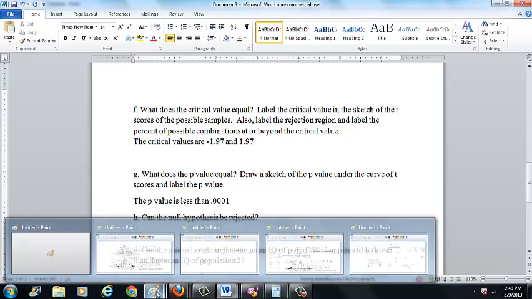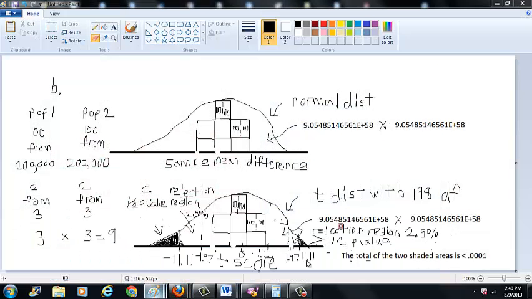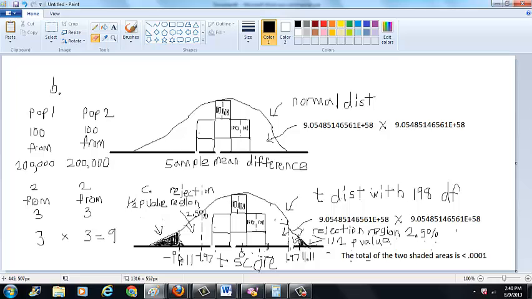We're in the rejection region because our t-score, which came out to negative 11.11, is beyond the negative critical value down here.